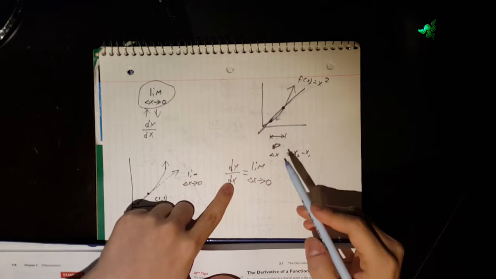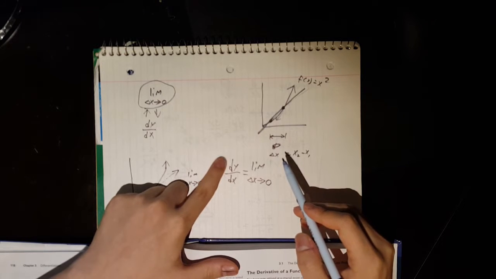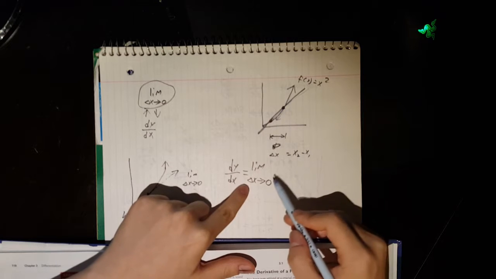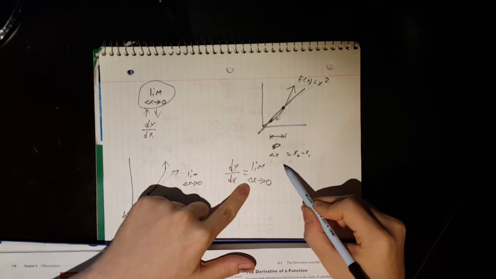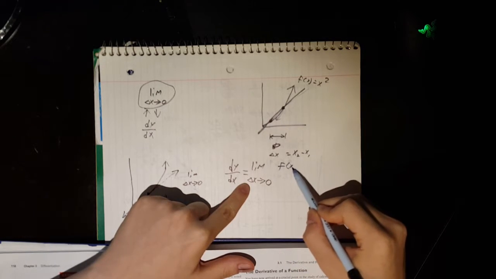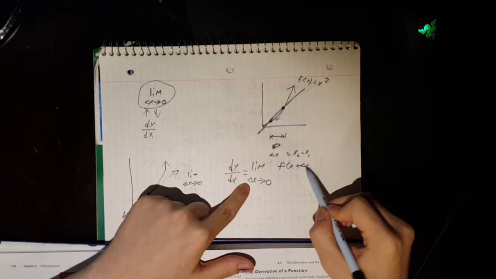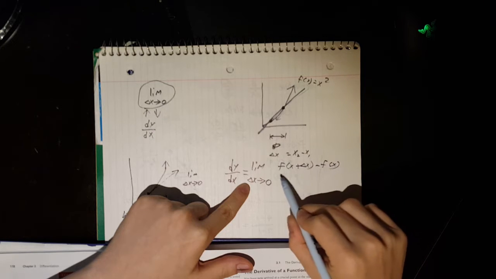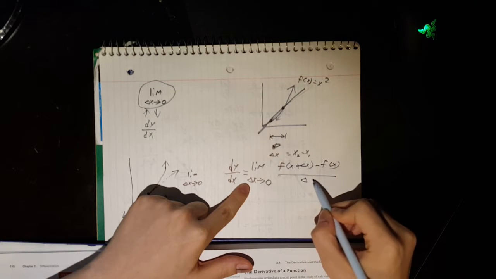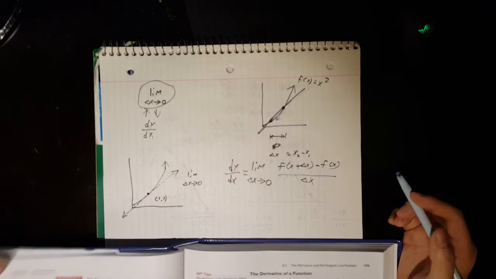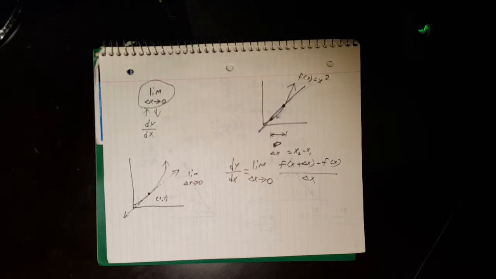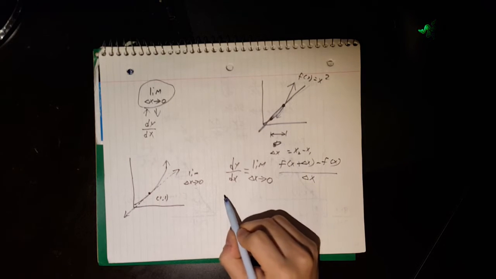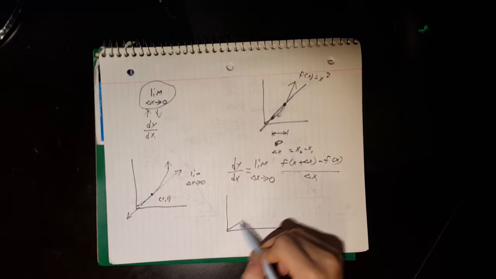So dy dx, or the instantaneous rate of change of y in terms of x, is defined by this. Now, what does this mean? Let me explain what that means using the same graph.